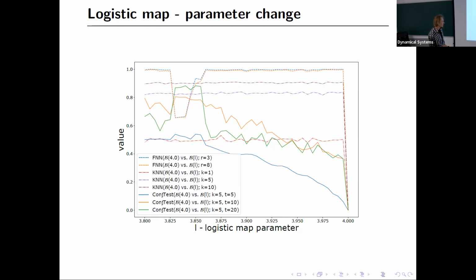The fact that we eventually get this sharp slope might be an indicator that the time series for parameter 4 is not actually conjugated to the one for this different parameter value. But this continuous change is what we like, because in real world data we don't expect time series to come from exactly the same system.